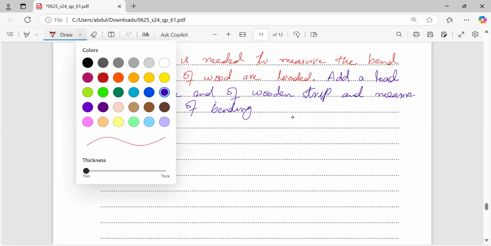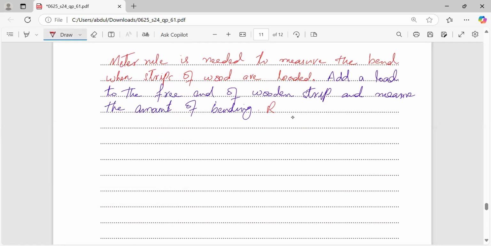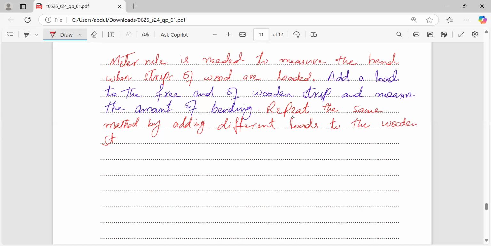And then always in this one you can say repeat the same method by adding different loads to the wooden strips.